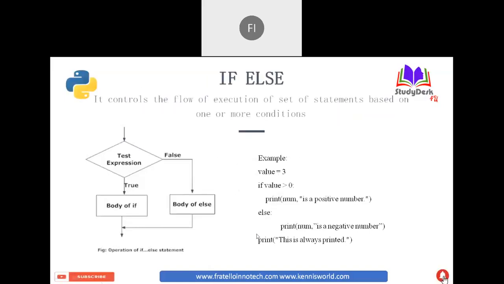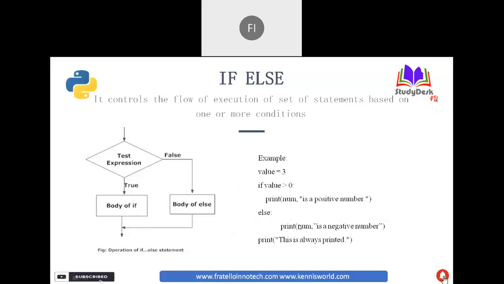Only if takes care of only one case, but if else takes care of two cases. In the diagram here, if the test expression or test condition is true, it will execute one body; if not, it will go for another body. For both cases you have some code and ultimately get some output. Here, if value is greater than 0, the number is positive.